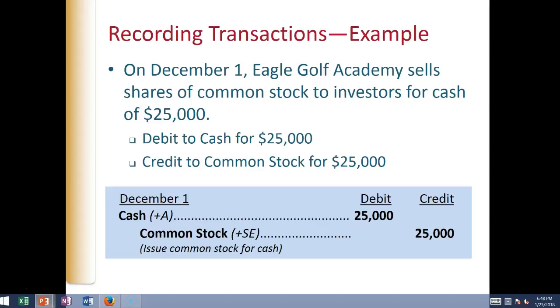So basically, let's say this company, Eagle Golf Academy, has an owner. But in a perfect world, it would be great to have all the money on your own so you don't need to get investors. In a perfect world, keep all the profits to yourself.